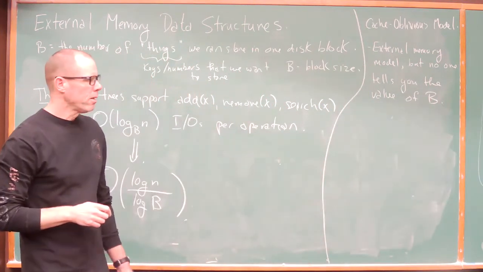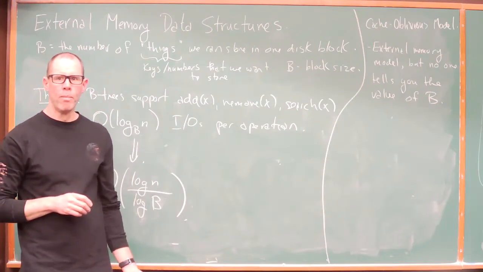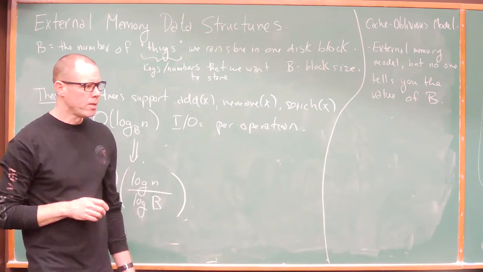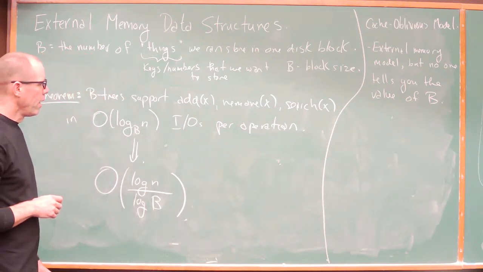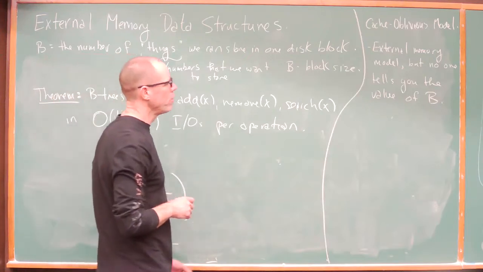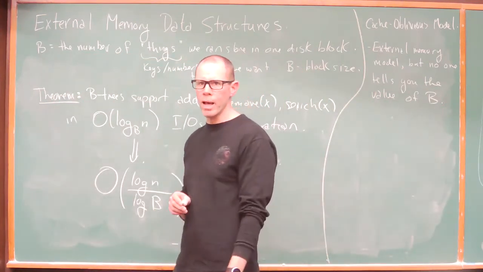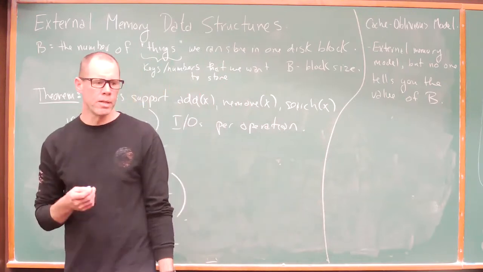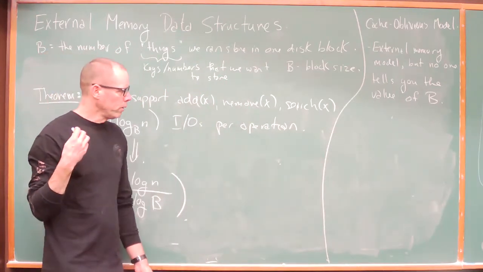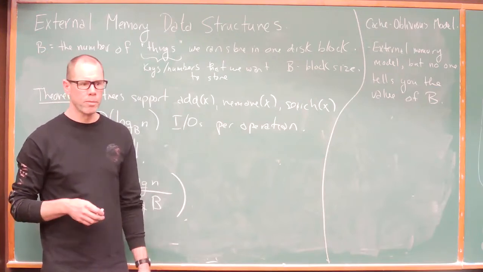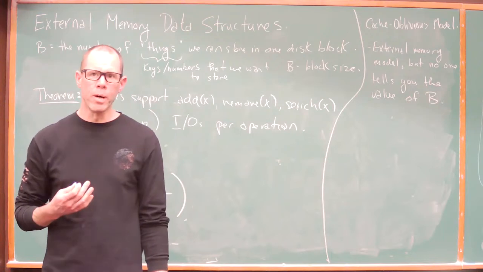So now you might ask, why bother with this? Why is this an interesting thing to study? Well, if no one tells you the value of b, and you don't have any way to figure it out, that means you have to design a data structure that's going to work no matter what the value of b is, or at least for any reasonable range of values of b that you might encounter.